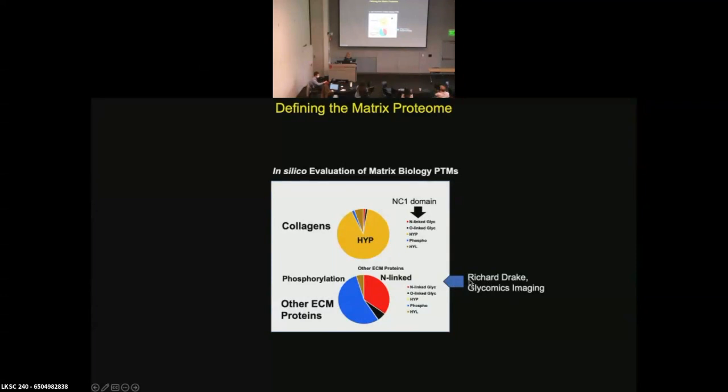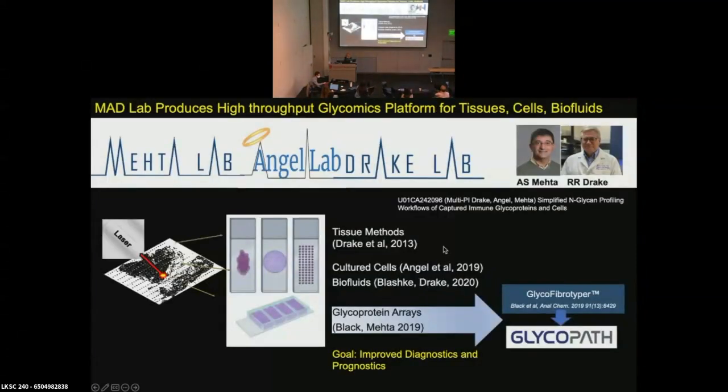Our group has worked very collaboratively to produce not only mechanisms using the concept of enzymes, not antibodies, focused on glycosylation patterns, but approaches that allow us to go from tissue to cells to biofluids. So we can go back and forth, and we can go very translational.